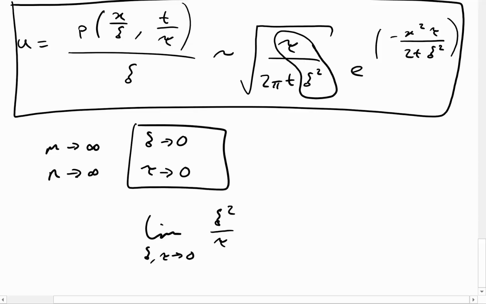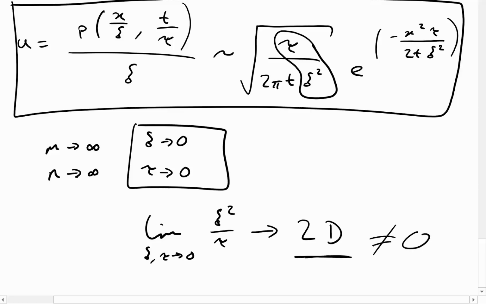Then this ratio approaches a special value. We're going to talk about this a bit later on, but it's the diffusion coefficient, and we call it D. It actually approaches 2 times D. We're going to talk about that later in the video, so don't worry about it too much now. All you have to know is that the limit of that thing, as we make the time steps smaller and smaller, goes towards this thing called a diffusion coefficient.